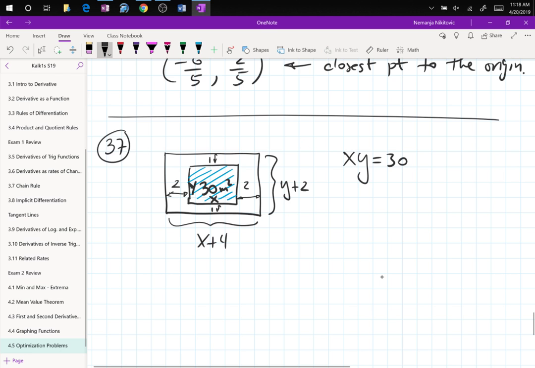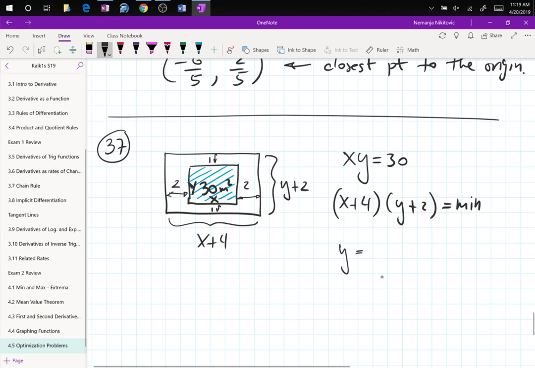X plus 4 times y plus 2 needs to be minimum because we want to minimize. So as soon as you get this, go ahead, y equals 30 over x, plug it in the bottom, FOIL everything, hit it with the derivative. You got your x, and then you go compute the y.